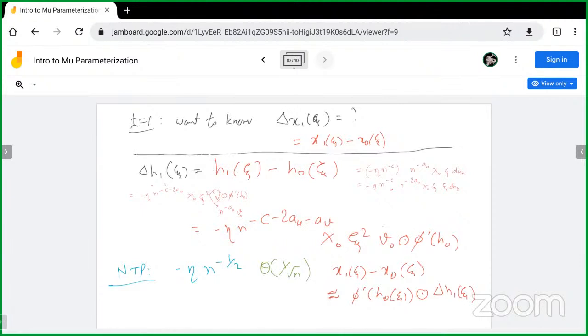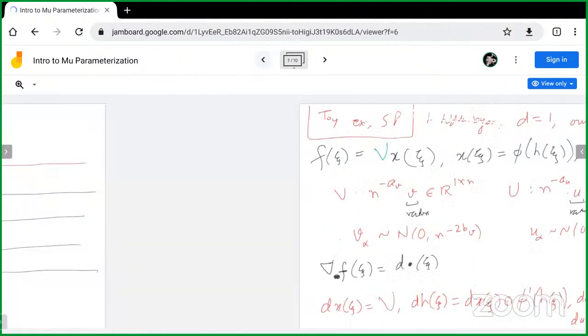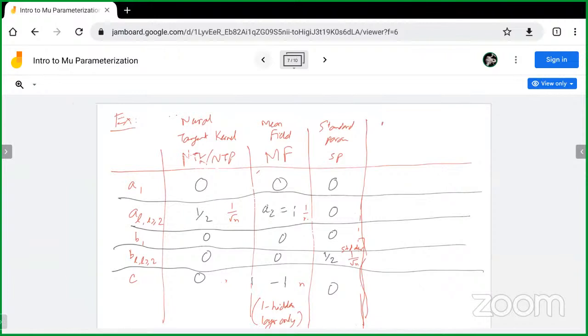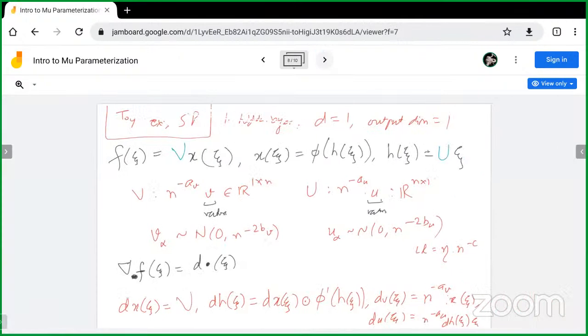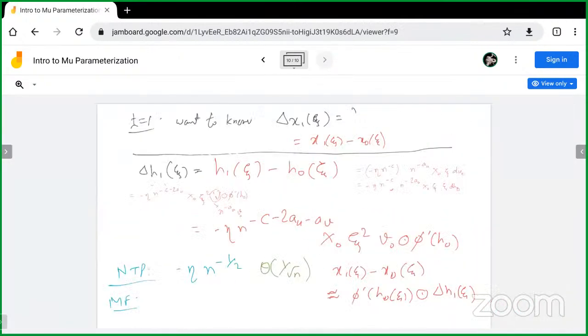Okay, so now let's check what happens in other things. What about the mean field? Let's recall what numbers were there. So here, A1 is 0 and A2 is 1 and B is 0 and C is minus.